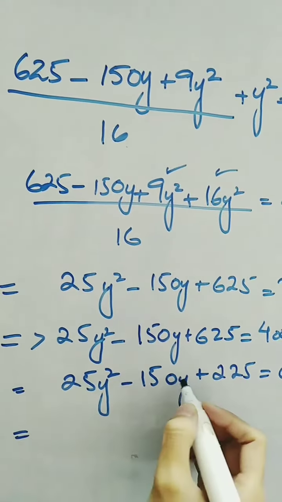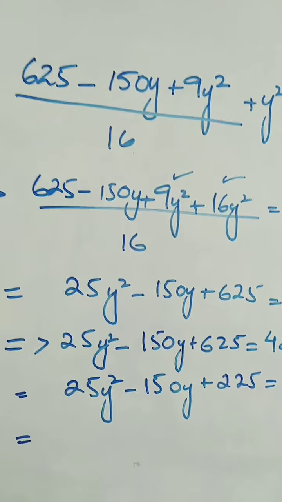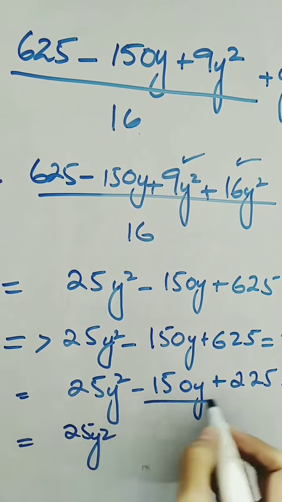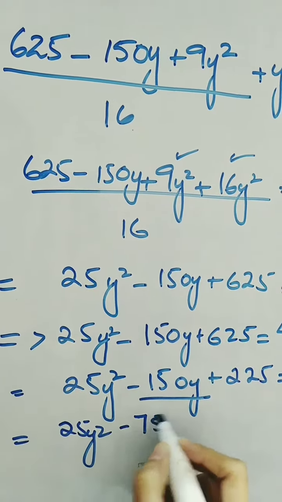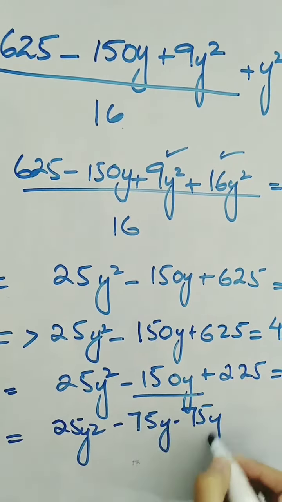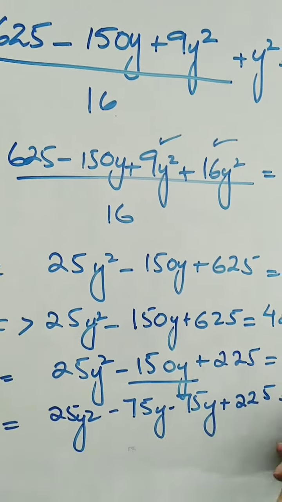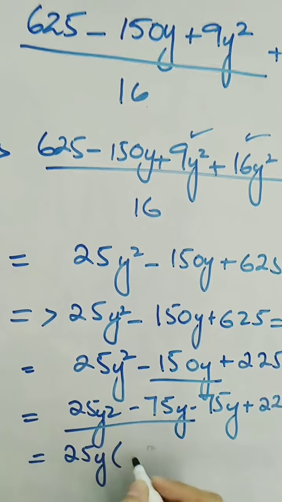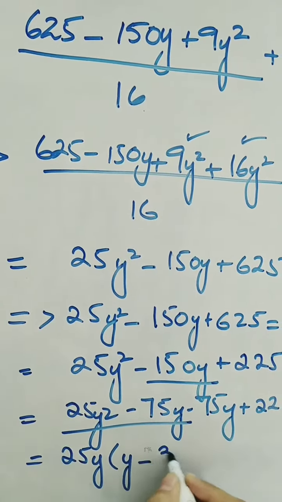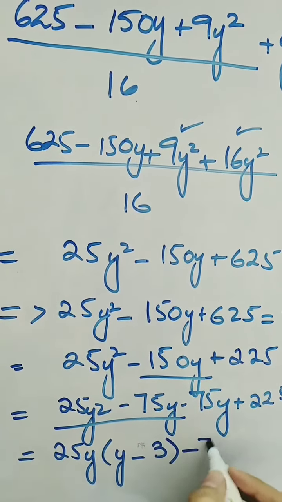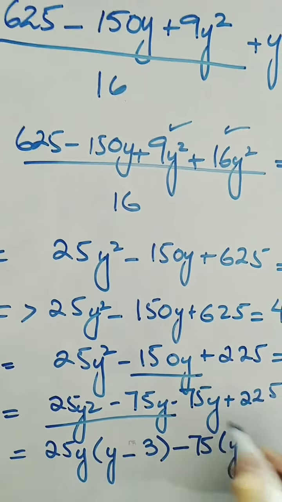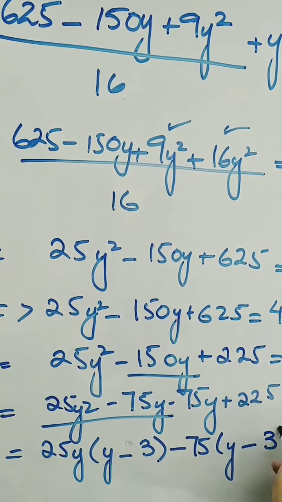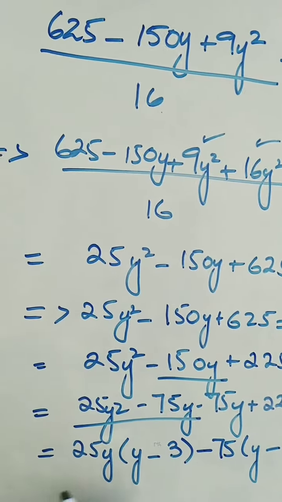Now we will factorize it in order to get the value of y. We simply break this 150 into minus 75y and minus 75y. By taking 25y common, we will have y minus 3. Here we will take 75 as common and still we have y minus 3 is equals to 0.